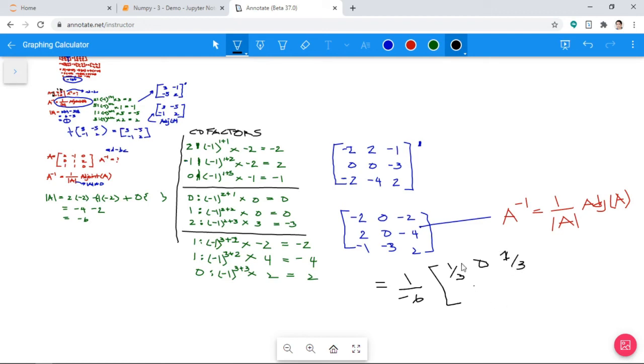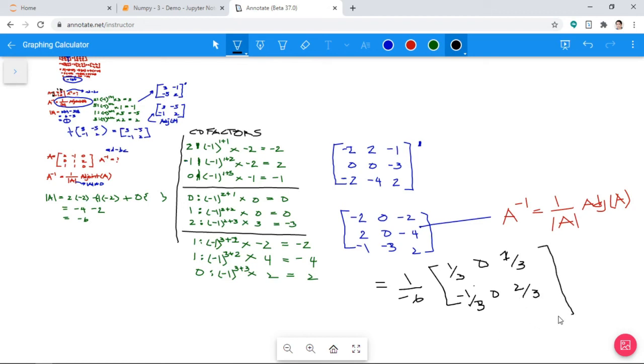This one is 2, so this one is negative 1/3. Then we have 0 again. Then we have negative 4, so we will yield a positive number. So this one is 2/3.